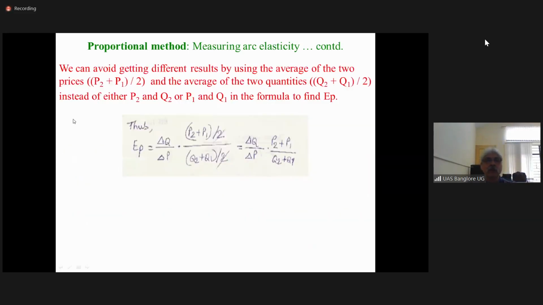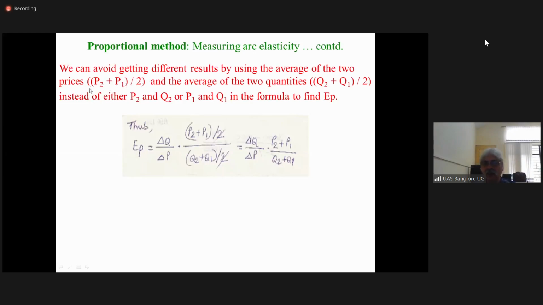Okay, so we can avoid getting different results by using the average of the two prices. P2 plus P1, 5 and 7, take the average. And the average of the two quantities, Q2 plus Q1 divided by 2, because there are two figures, P1 and P2, divided by 2, you get the average.